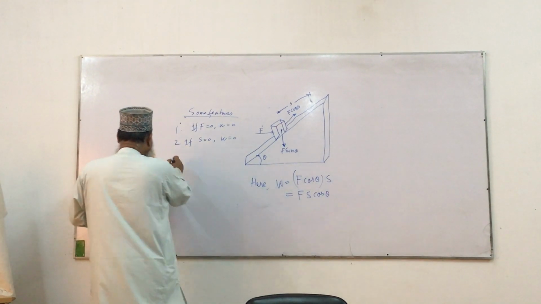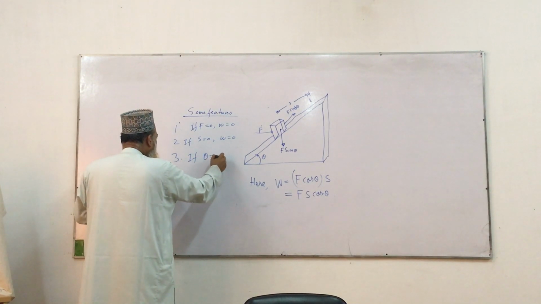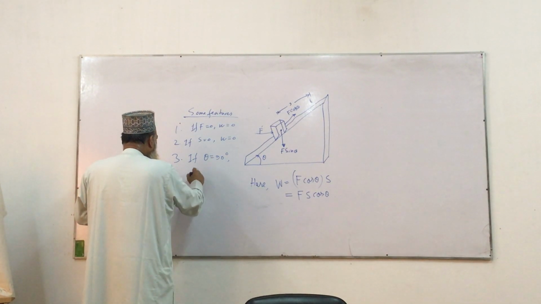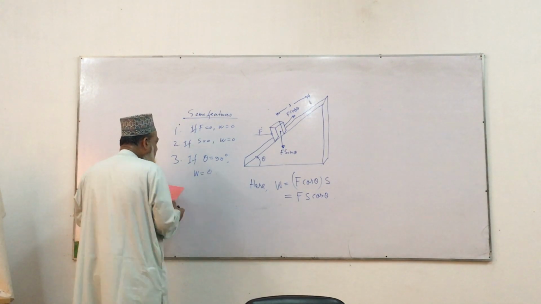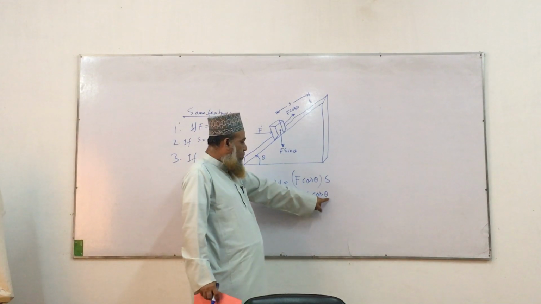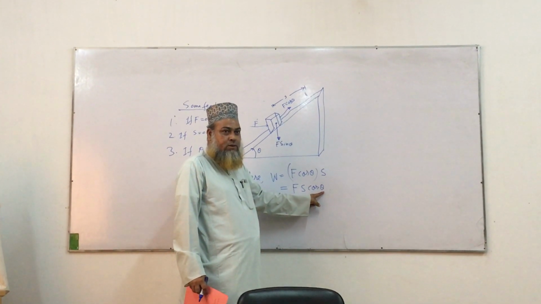Number 3, if theta equals 90 degrees, W equals 0. Cos of 90 degrees is what? 0.